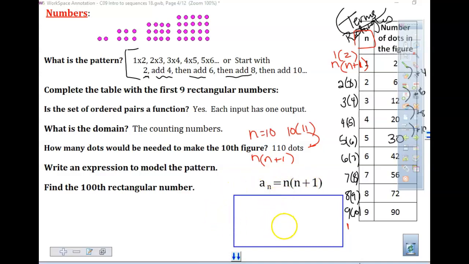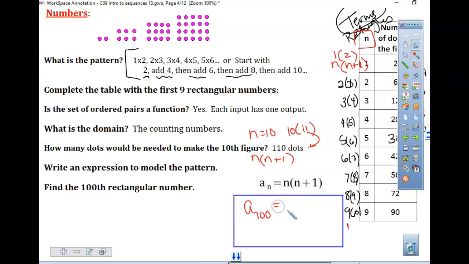So how are we going to find the 100th term? Here's what we are going to do. We are going to write a sub 100 is equal to, what should I replace n with? 100. Why? Because I just put 100 here, right? So 100 is in the same place as n, times 100 plus 1, which is 101.